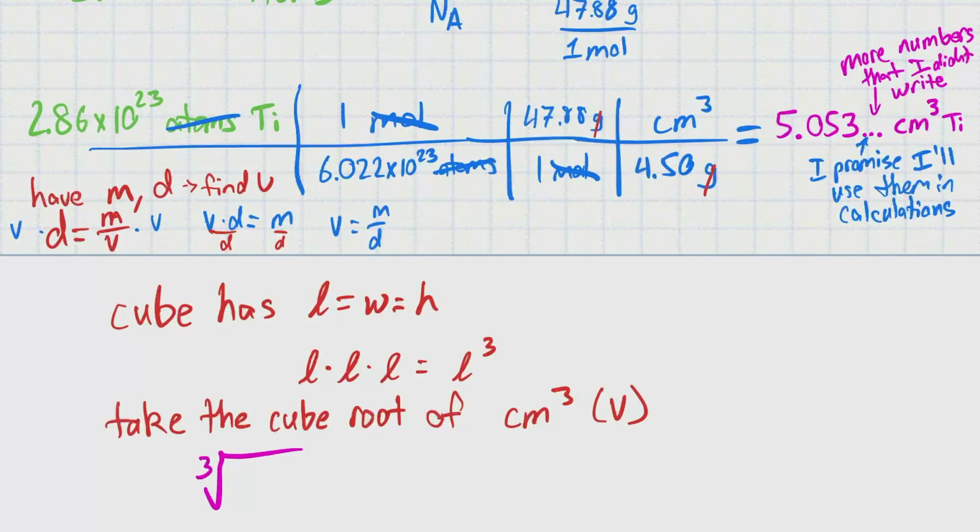So put a little 3 in the crook of our square root to make it a cube root, and put in our 5.053 dot dot dot cubic centimeters, and this will give us out units of centimeters. .72 after we round for 3 sig figs.